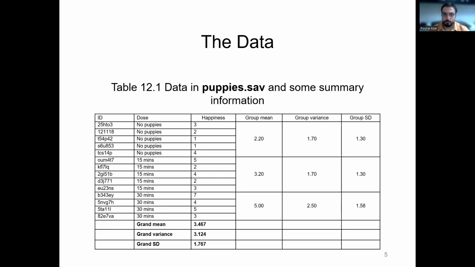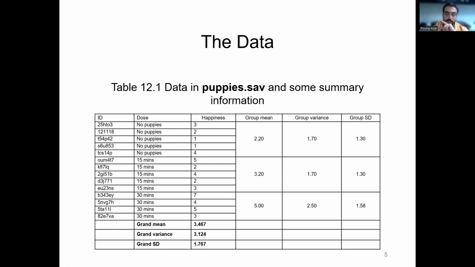So here, this is our data. On the left side, we have IDs. These are different people, so each row represents an individual. We have three groups: no puppies, 15 minutes with puppies, and 30 minutes with puppies.